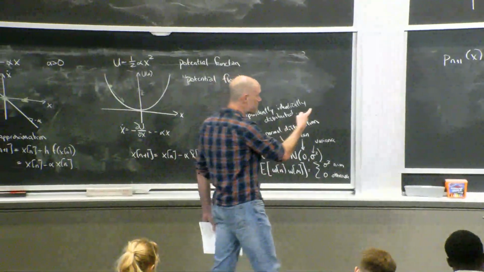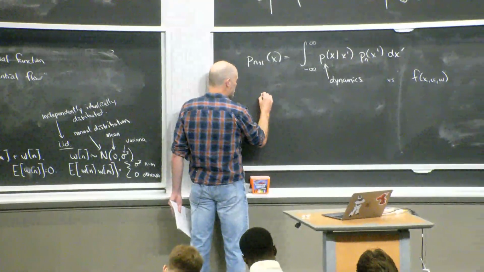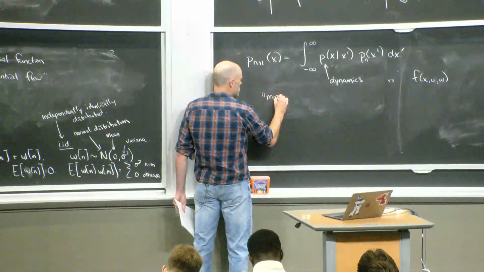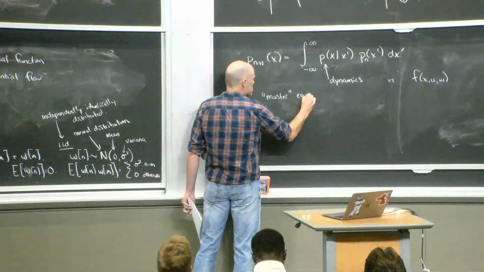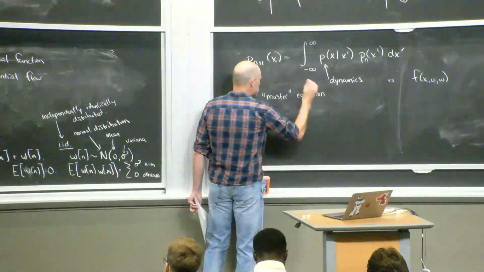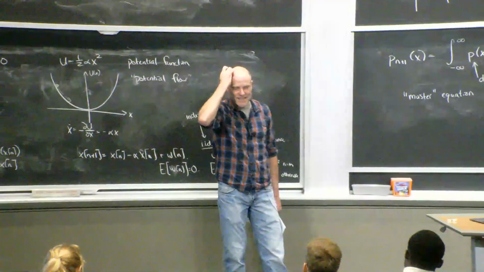So the dynamics of this is like the probabilistic dynamics. Sometimes it's called the master equation. That's probably not PC anymore. No, GitHub changed master branch to main branch, so probably that has to change too.